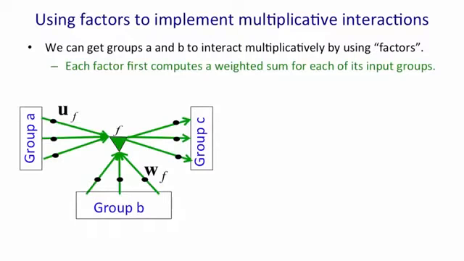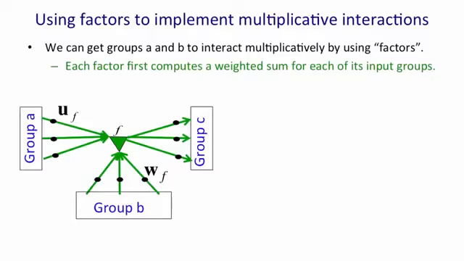So we take the vector state of Group A, which I'll just call A, and we multiply that by the weights on the connections coming into the factor. In other words, we take the scalar product of the vector A and the weight vector U, and that gives us a number at the left-hand vertex of that triangle.